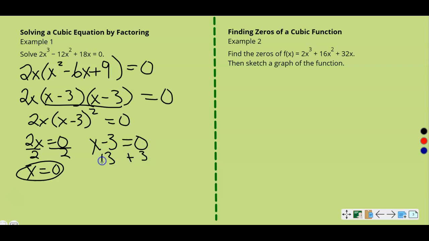Add 3 to both sides, and x equals 3. Now, x equals 3 is a repeated solution. So if you graph this, you'll see that the graph comes down and touches at the x-axis, but it does not cross. So let's look at what that looks like.